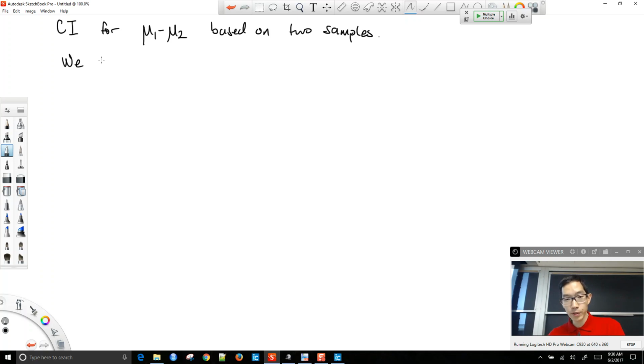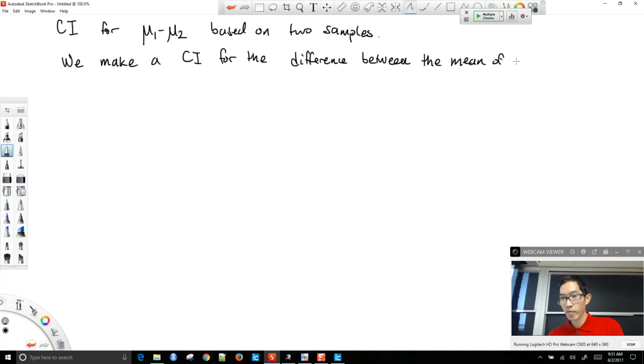So we make a confidence interval for the difference between the mean of population 1 and the mean of population 2.